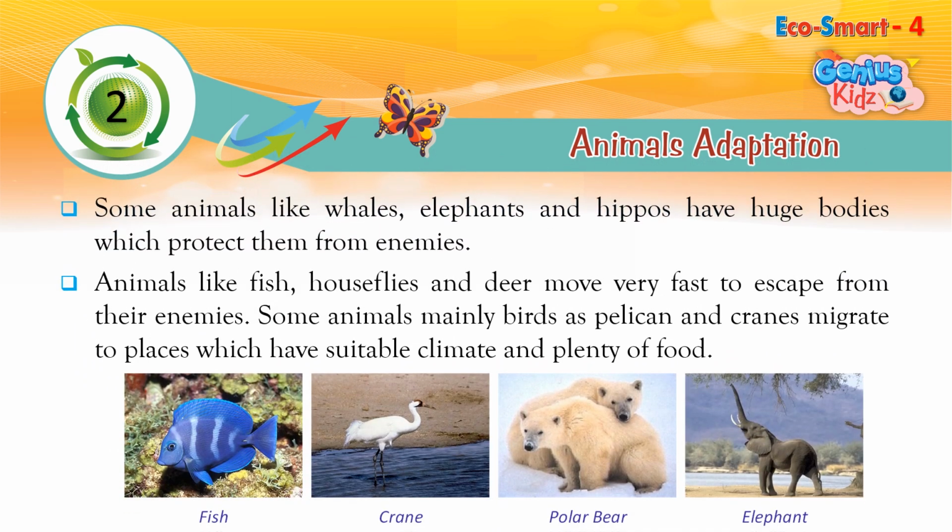Some animals like whales, elephants, and hippos have huge bodies which protect them from enemies. Animals like fish, houseflies, and deer move very fast to escape from their enemies. Some animals, mainly birds like pelicans and cranes, migrate to places which have suitable climate and plenty of food.